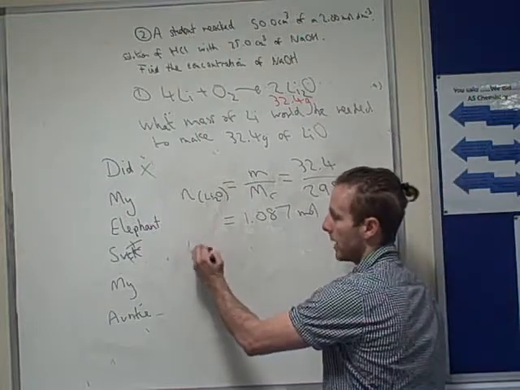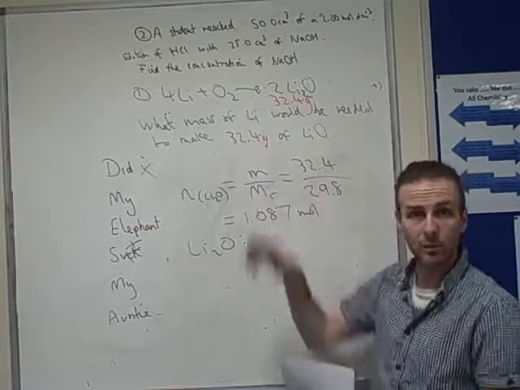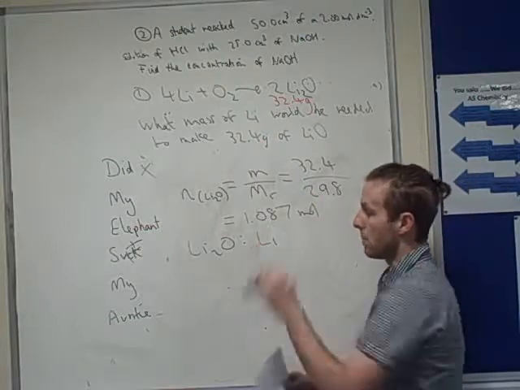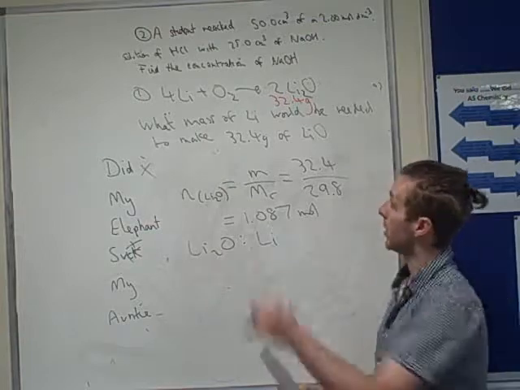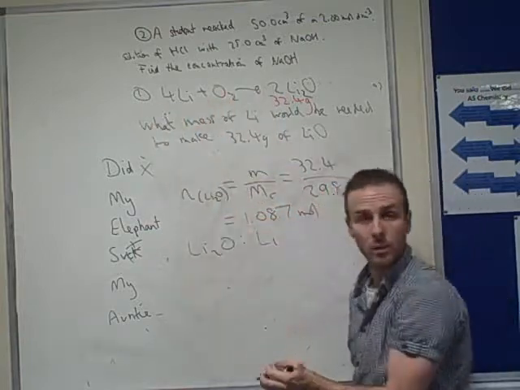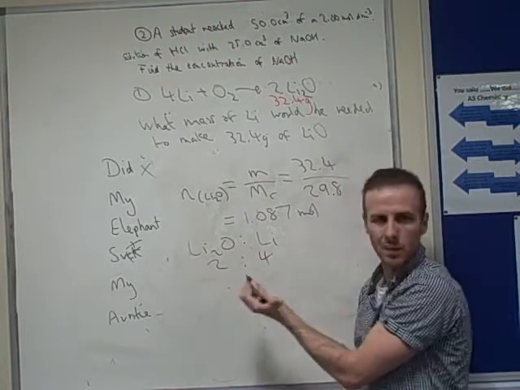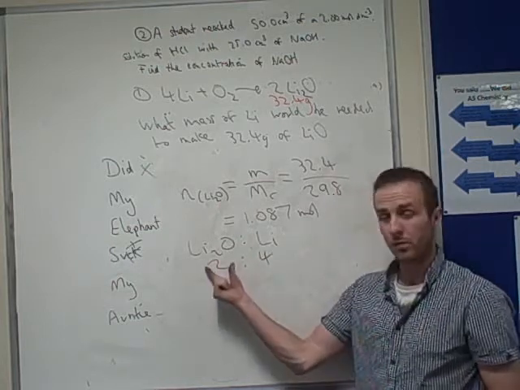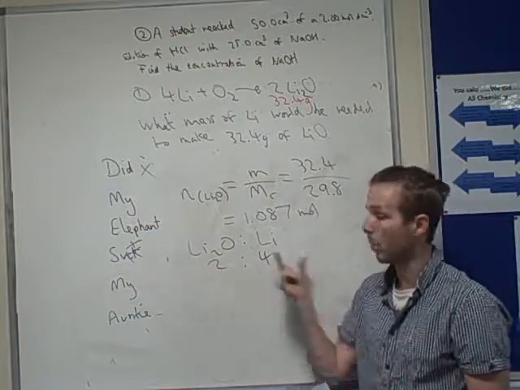So I know about my Li2O. What does the question ask me about? It asks me about lithium. So I need to convert my moles of lithium oxide into lithium. Well, let's look at my ratio. It is a 2 to 4 ratio, which is essentially a 1 to 2, isn't it? So however many moles of this I have, I have double the amount of moles of lithium. That's my molar ratio.